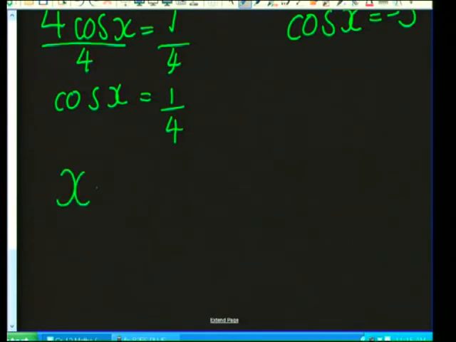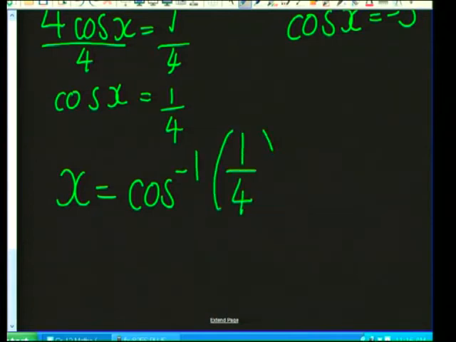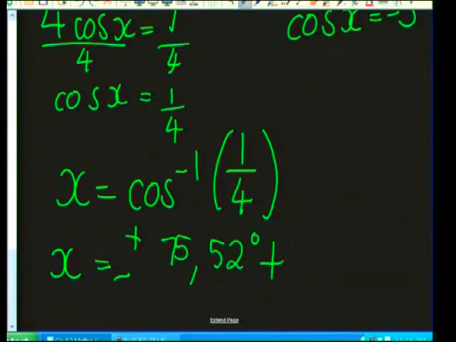We say x is now second function of cos quarter. And that you should get to be plus minus 75.52 degrees plus k 360. Don't forget that. Now, if you go punch this into your calculator, you're going to get a maths error.